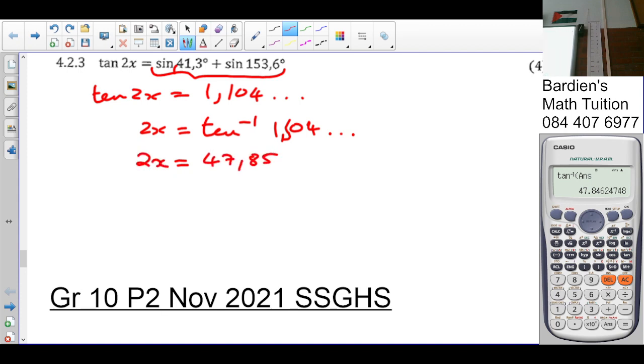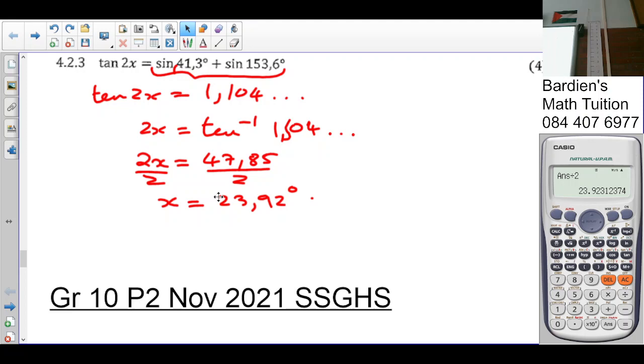That is 2x. Now what do I do? Divide by 2, both sides. x is equal to 23.92 degrees. Okay? Any confusion there? No?